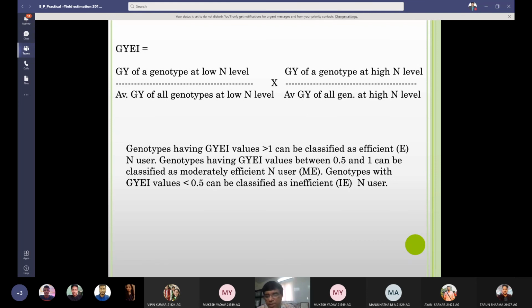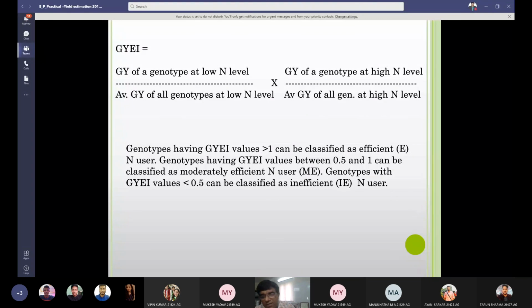efficiency index values more than 1 can be classified as efficient nitrogen user. Genotypes having grain yield efficiency index values between 0.5 and 1 can be classified as moderately efficient N user, and genotypes with less than 0.5 can be classified as inefficient N user.